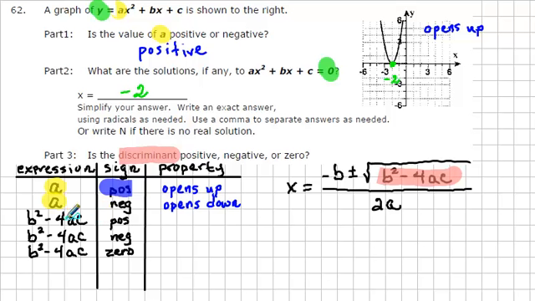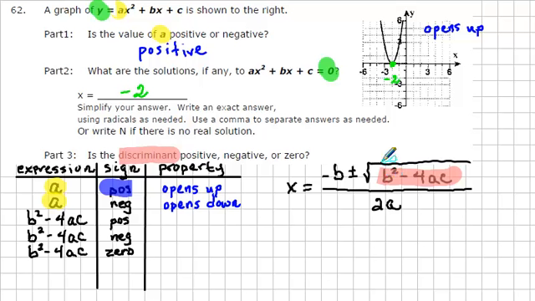So let's think about, first of all, if b squared minus 4ac, if the discriminant is positive, then what would happen? Well, the square root of a positive number is positive, and if we subtract a positive number or add a positive number to a number, we get two different answers. Minus b plus a positive number, minus b minus a positive number.